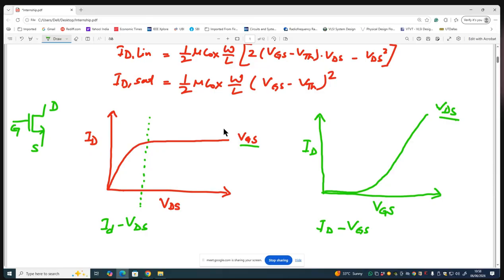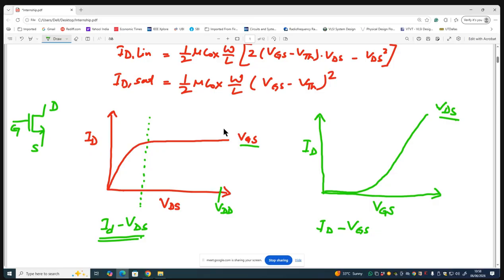Fine. So let us first discuss this ID-VDS characteristic. This is a very important characteristic. Now here you can see that VDS goes from 0 to a certain value, say the highest value is VDD, for example, in the circuit. So which of the above two equations represents this ID-VDS characteristic? Linear.